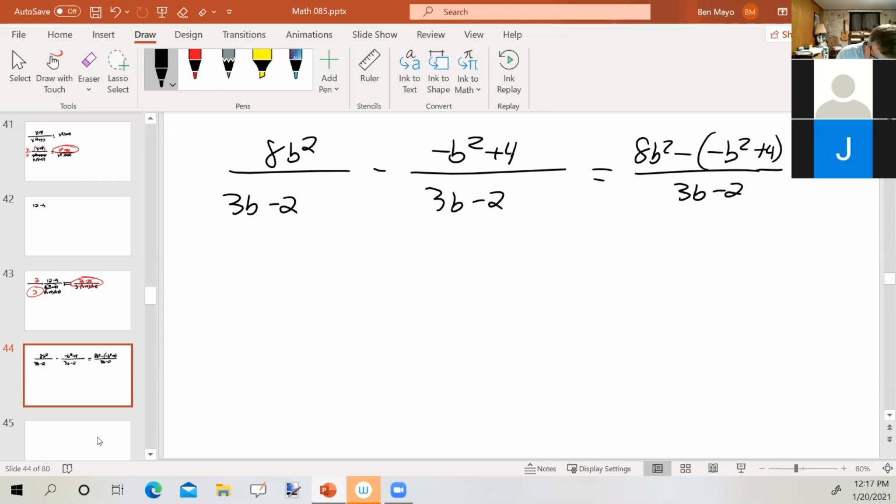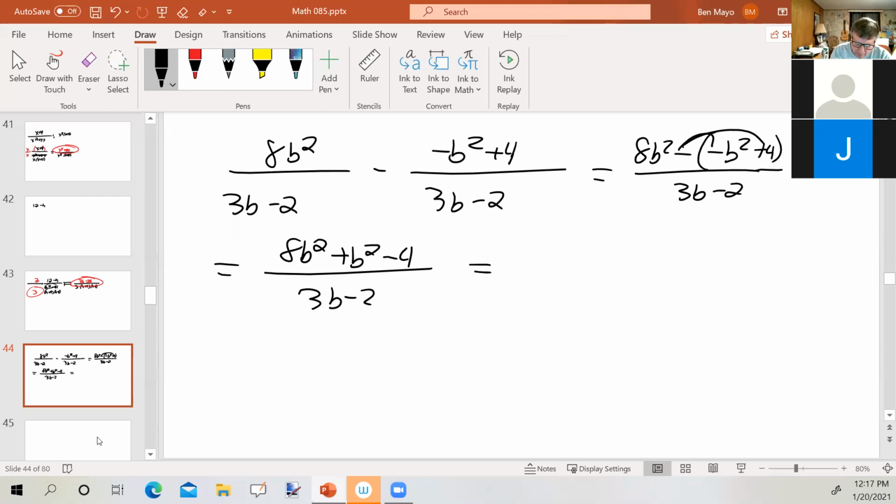So then distributing the subtraction sign, we get 8b squared, minus times a negative is a plus b squared, minus times a positive is a minus 4, over 3b minus 2. And then we get what? 9b squared minus 4 over 3b minus 2.